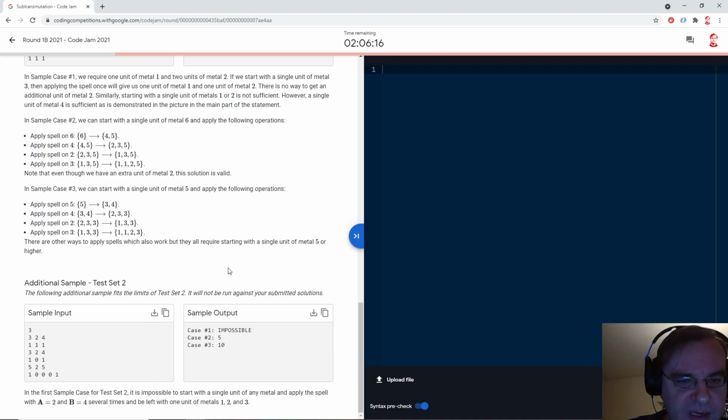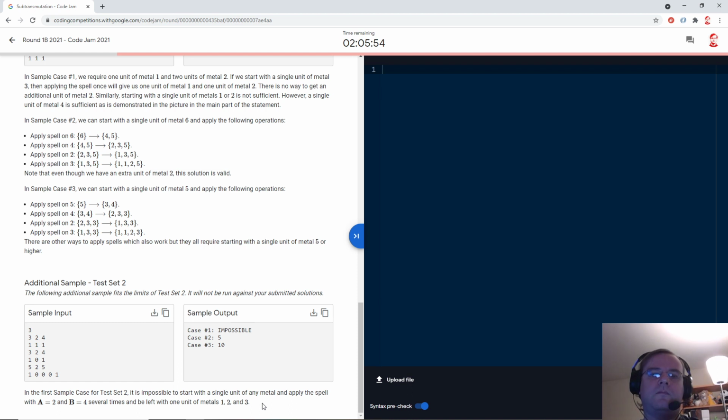Wait, how do we get impossible? I didn't realize that. So if A and B are not relatively prime, then that can make some configurations impossible.